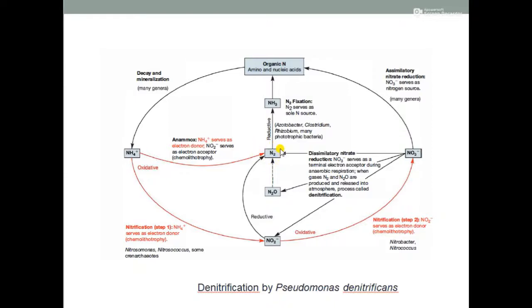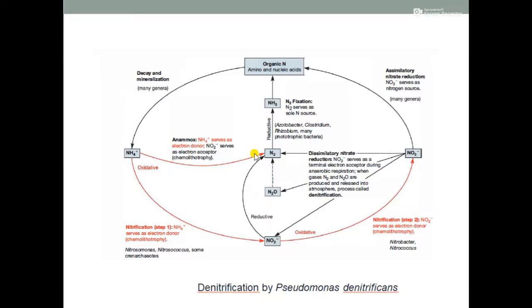So as a whole, the transformation of nitrogen from one form to the other happens by the mediation of various microbes which take part in plant as well as soil interactions.